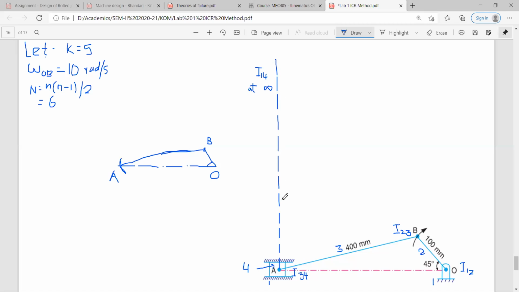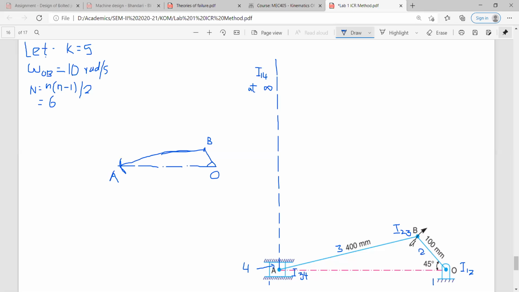This is not a line of the mechanism, because point O and point A are separate, they are not connected, so you do not consider this line. How many lines do we have? 3 lines: OB, AB, and this particular line. According to our rule, there should be 3 ICRs on each line.